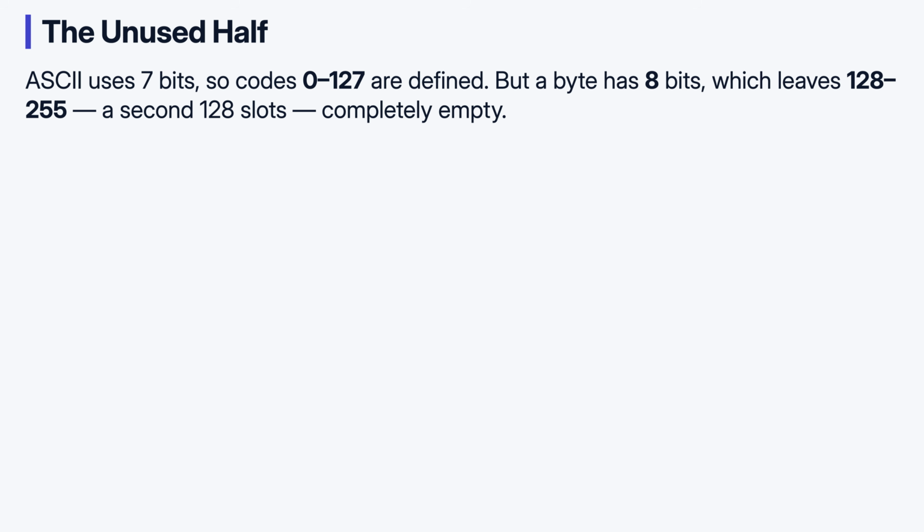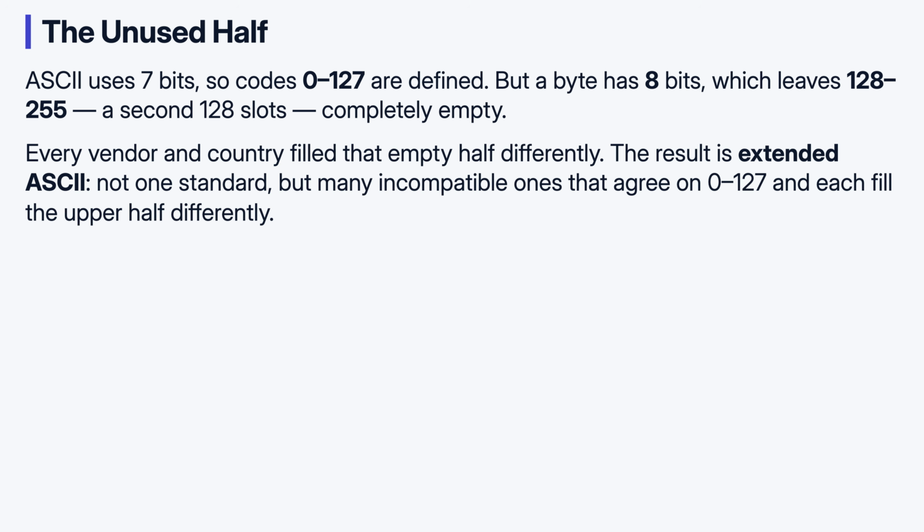That leaves a whole second half, codes 128 through 255, sitting empty. Every vendor and every country filled that empty half with whatever characters they needed. The result is called extended ASCII. It is not one standard. It is many incompatible ones. They all agree on the lower half, but each fills the upper half differently.